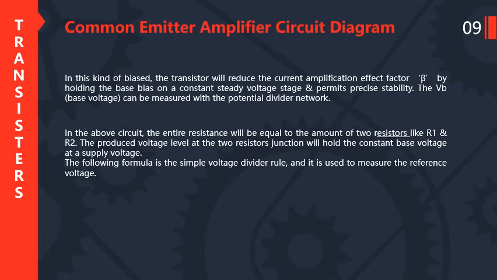The following formula is the simple voltage divider rule, and it is used to measure the reference voltage: VB is equal to VCC into R2 divided by R1 plus R2.